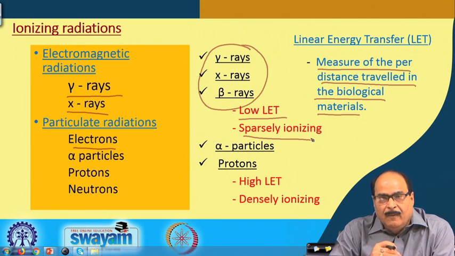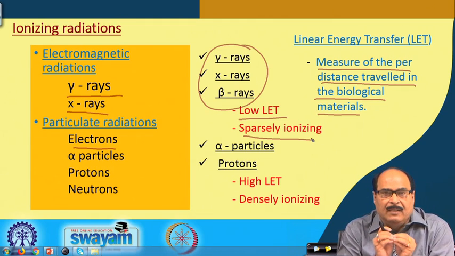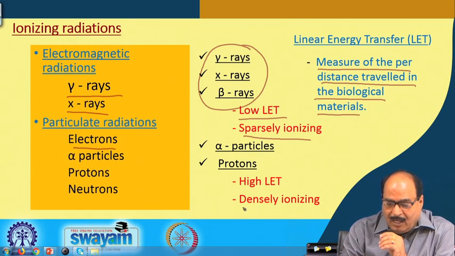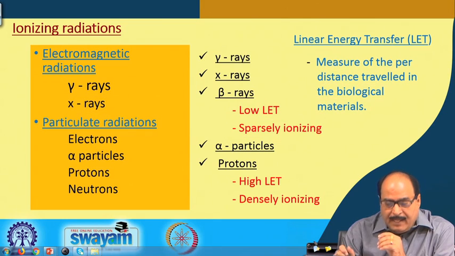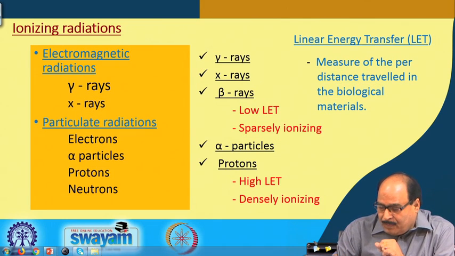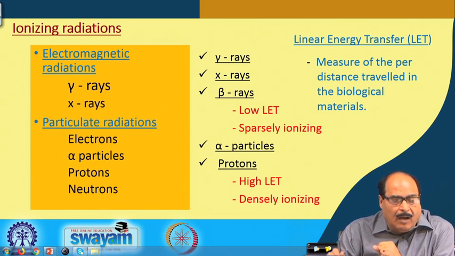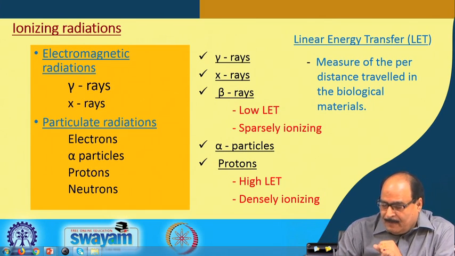Due to this, the energy is dissipated over a small path, and therefore they have a high LET value, and high LET value means they are densely ionizing. So, these are the characteristics of these ionizing radiations, which become beneficial for process optimization purposes.